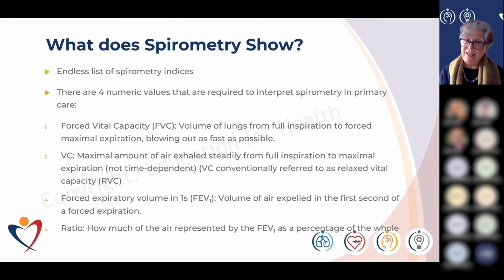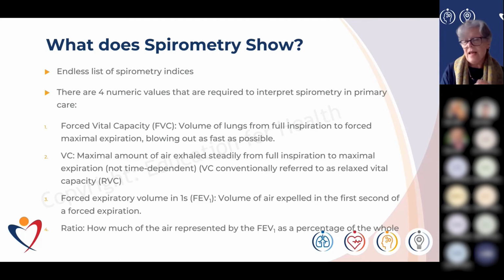But interestingly, it doesn't really tell us how well the patient is managing their disease. So if we're looking at the FEV1 in patients with COPD, it will tell us the severity of their disease, but it's not really telling us how well the patient is managing their disease.